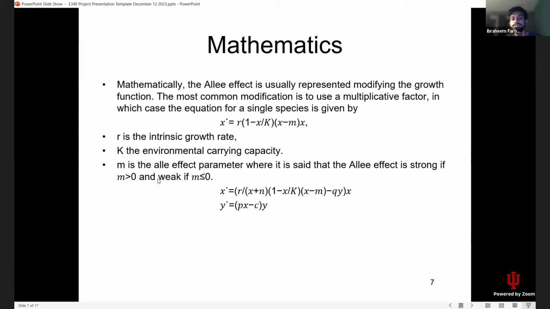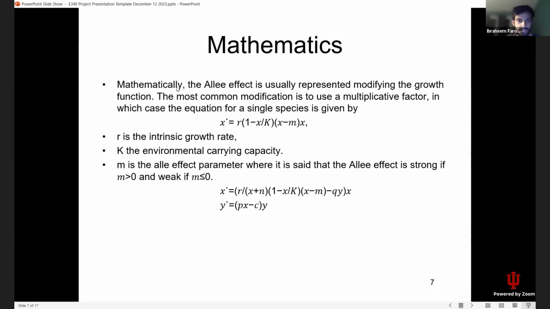But if m is positive, this could be a negative coefficient in certain scenarios, causing the growth rate of the prey to be negative, which would cause the extinction of the species.